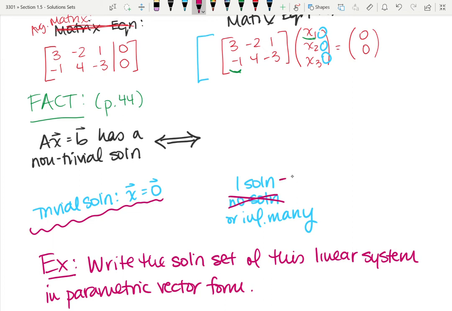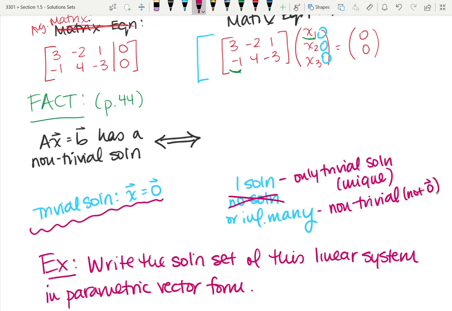So the question is, do we have only the trivial solution, a unique solution, or are there other, non-trivial solutions, meaning not the 0 vector, infinitely many?